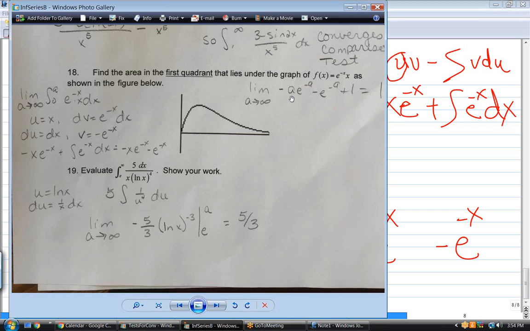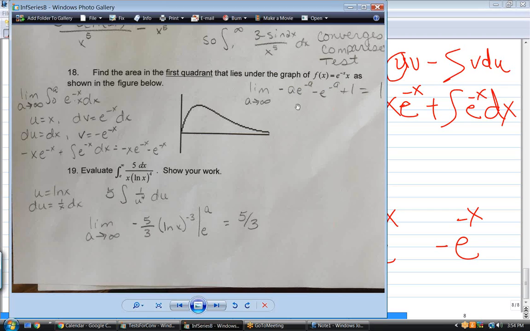You end up with negative infinity times e over infinity. That must be 1, because let's see, e to the minus infinity is 0. So this has to be 0.